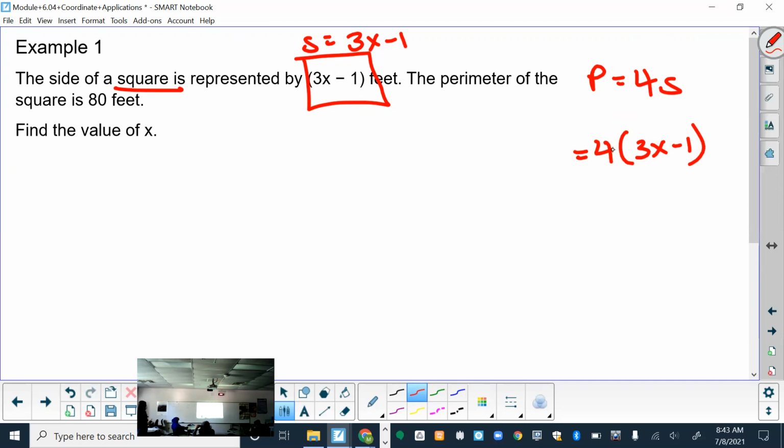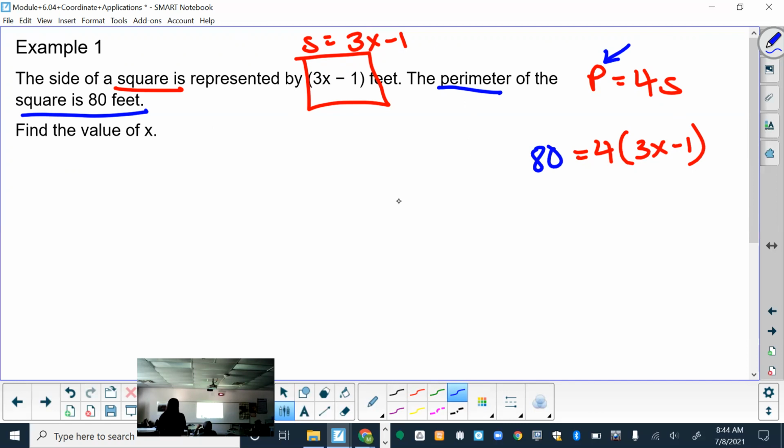So this has to be multiplied by 4. What else is important in this problem? Good. It tells me what the perimeter equals. And since it tells me that the P is 80 feet, I can solve for x. I can't have 2 variables and be able to solve. I need to have just 1 variable to be able to solve it. Questions about that?